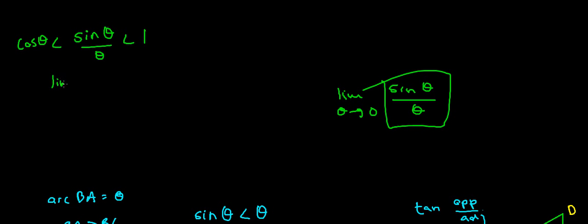Take the limit as theta goes to 0 of cosine theta, this is equal to 1. I know that one, and I also know the limit as theta goes to 0 of 1, which is just equal to itself, 1.